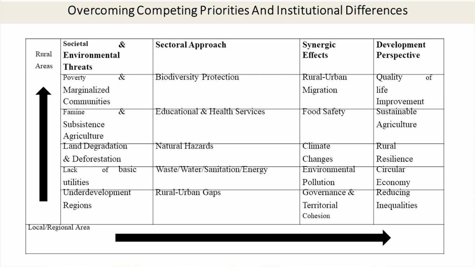So the diagram in all shows what are the various threats which exist in rural areas, what can be the different sectoral approaches to address them, how synergistic effect is created, and what will be the outcome in the developmental perspective.